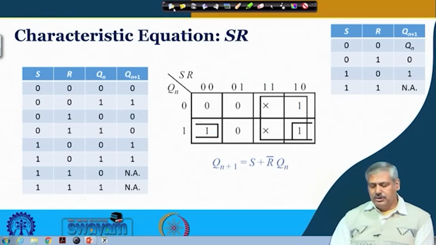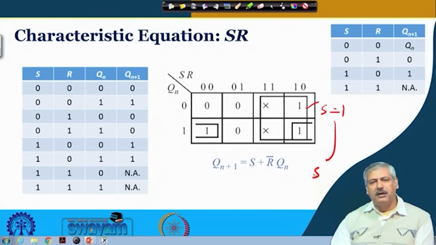For this case, the largest group of ones that can be covered is where the don't cares are included, and for that S remains constant with a value of 1. So S will come as one product term; no other term is ANDed with it. This one is already covered, but together we can form a larger group of size 2, in which R is 0 here and R is 0 here.